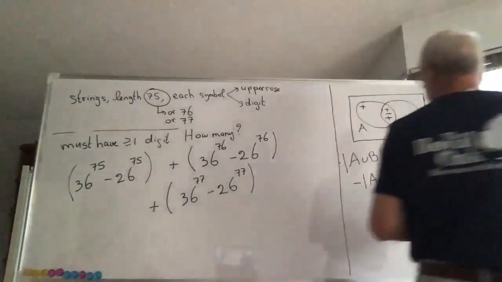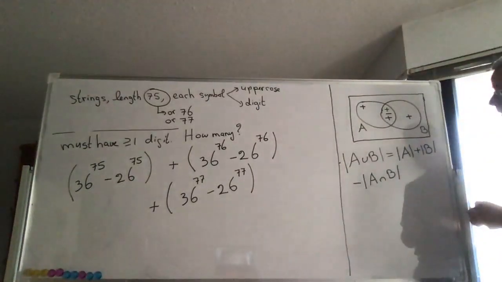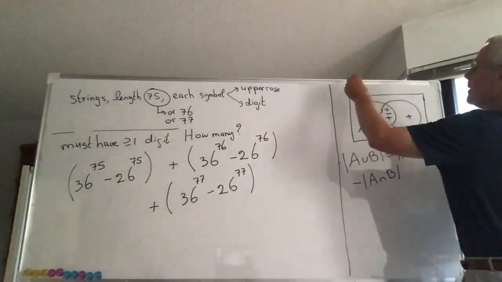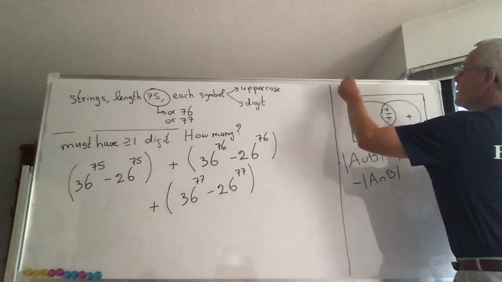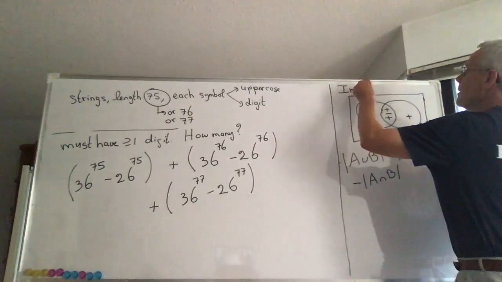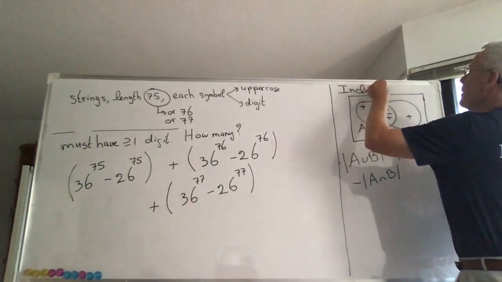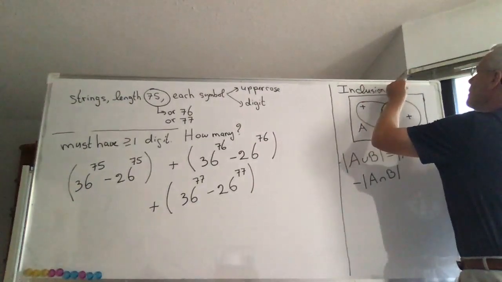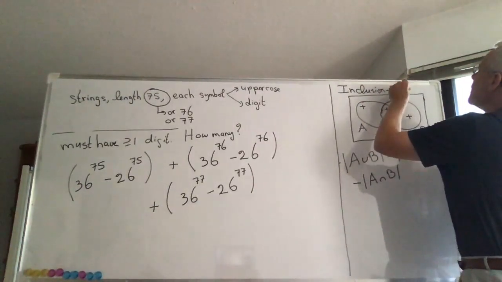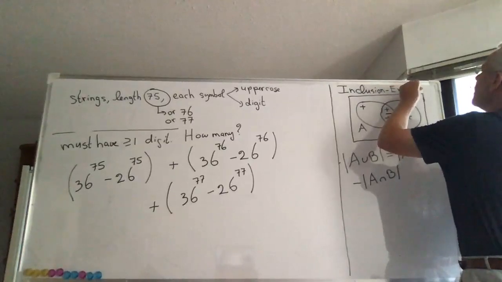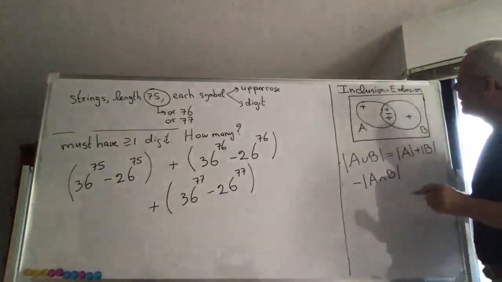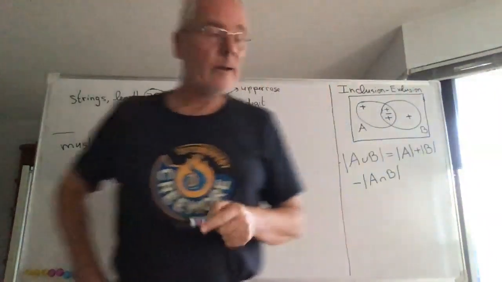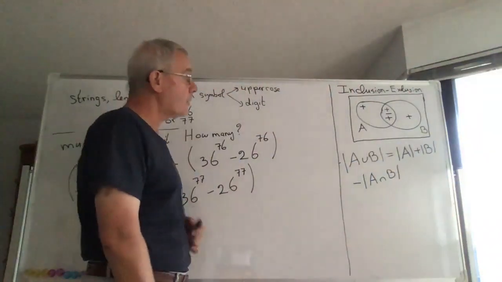Okay, now this is again a very simple but useful rule, and this is called inclusion-exclusion. Okay, so why is this called inclusion-exclusion?